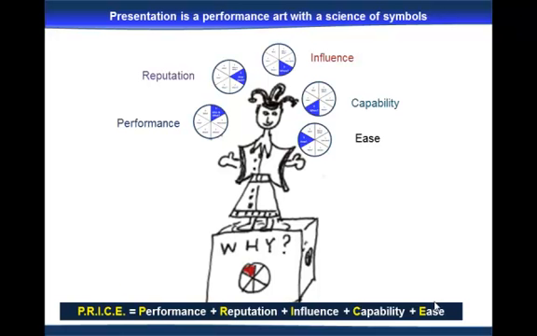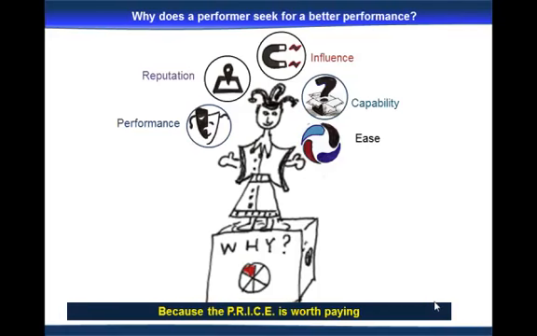So if we understand our presentation is a performance art, using this science of symbols of visual thinking, we see our performance, our reputation, and our influence and our capability all come together with ease using the principles of vivid thinking. And the question, why does a performer seek for better performance, is answered simply because the price is worth paying.